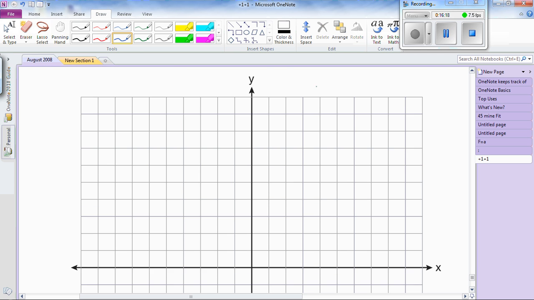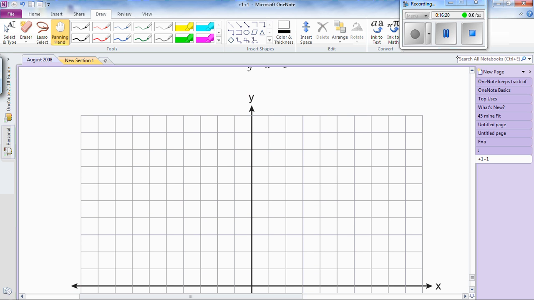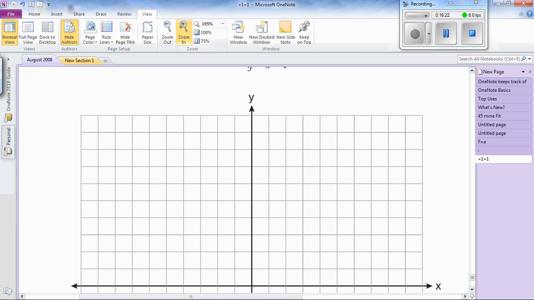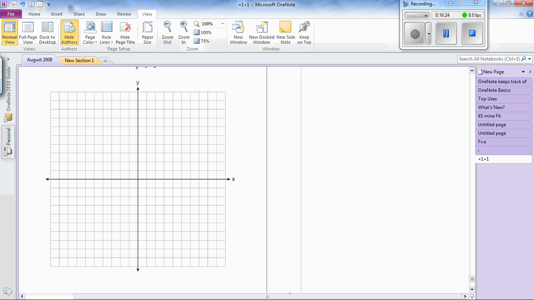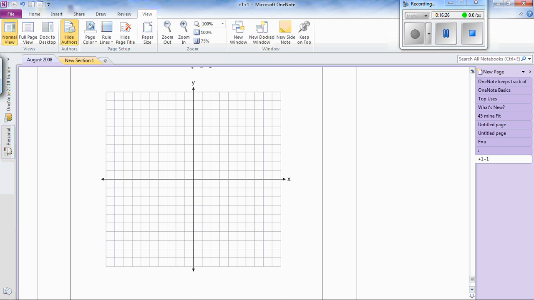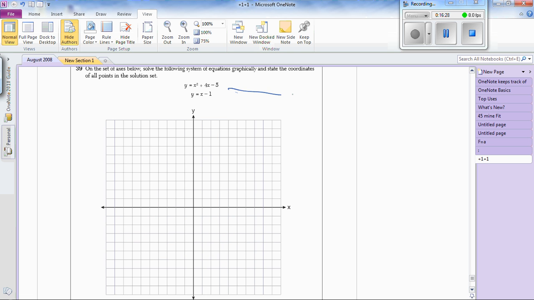It's a parabola. Alright, since this is a parabola, the first thing I have to do is the axis of symmetry. Negative 4 over 2 times 1, that's negative 2. So that'll be our table.